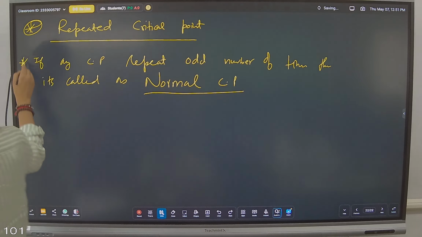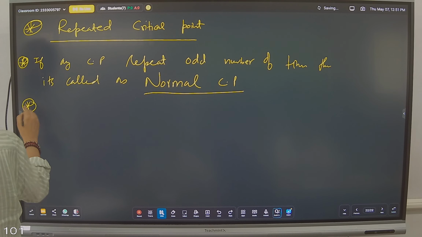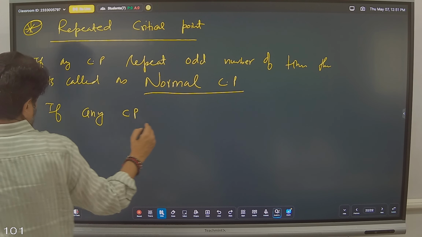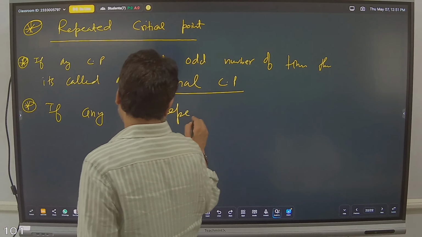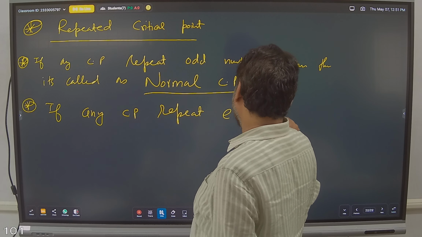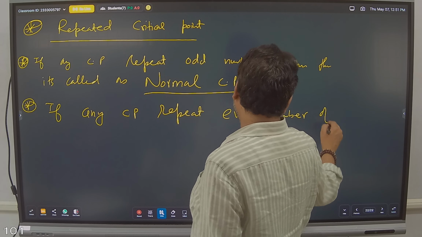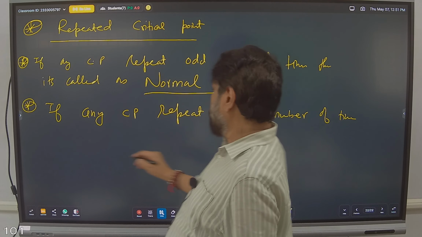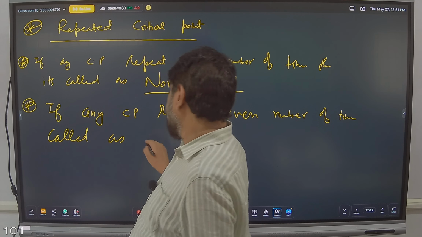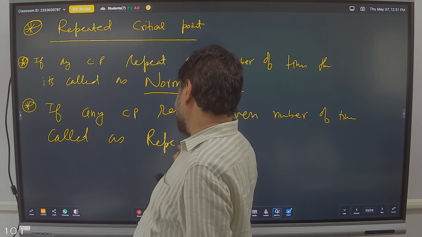Next line. If any critical point repeats an even number of times, it's called a repeated critical point.